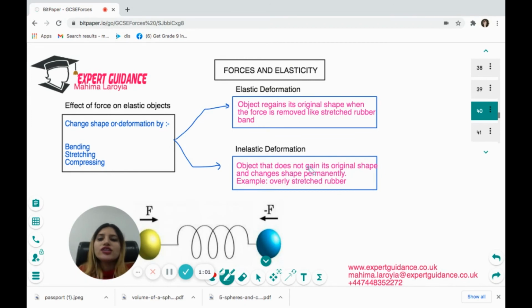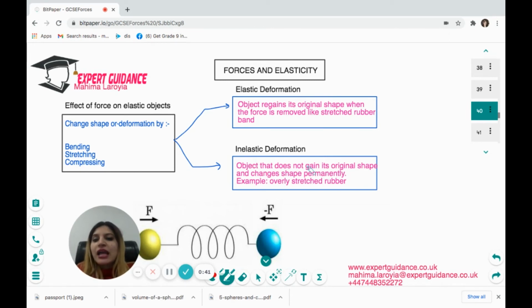Now let us move on to the relationship between forces and elasticity. We know when we apply a force to any object, it can either move or come to rest, but there's a third thing a force can do. It can change the shape of the object, causing bending, stretching, and compressing.